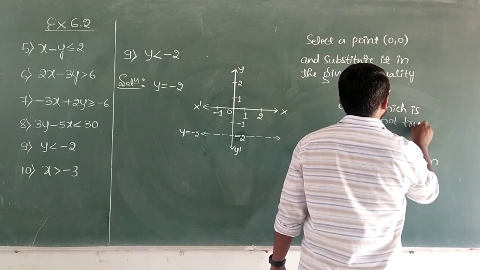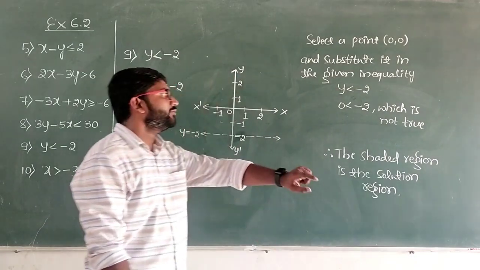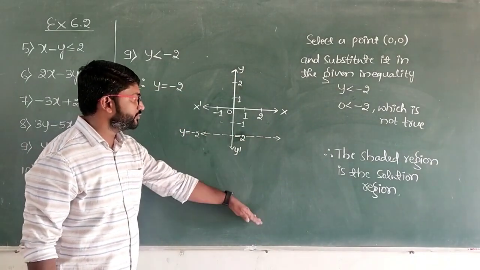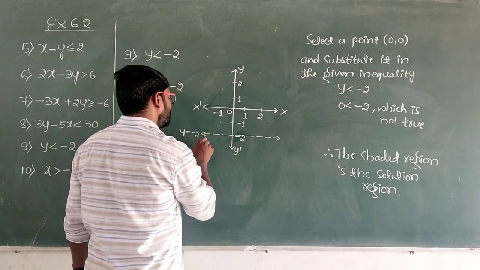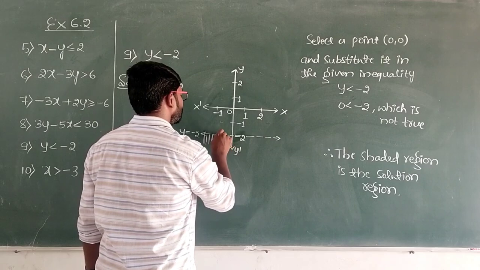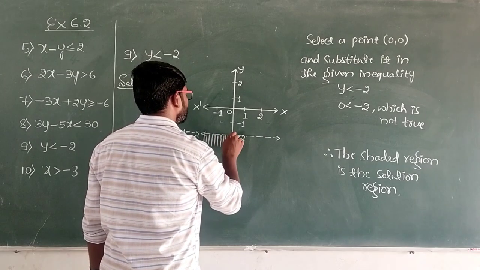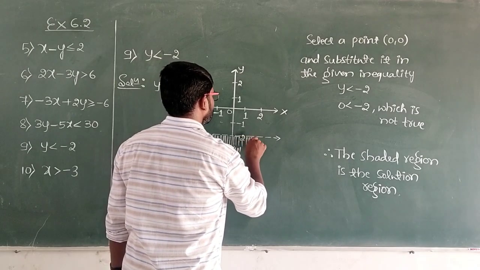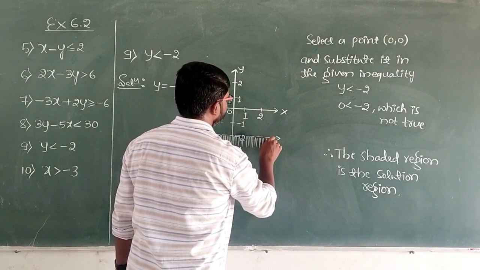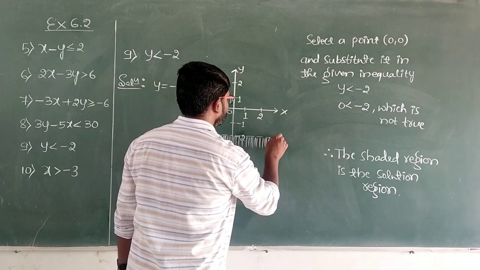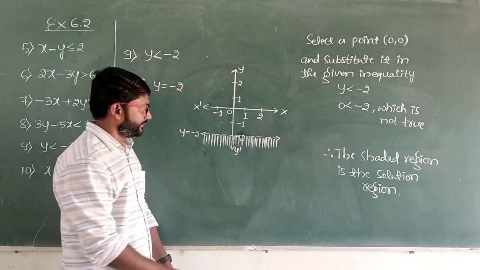Whenever it is not true, we have to shade the region away from the origin. The below portion we have to shade now. So this is going to be the solution region.